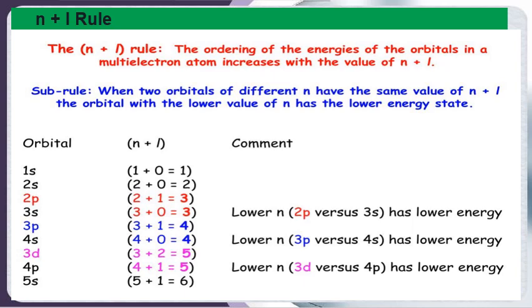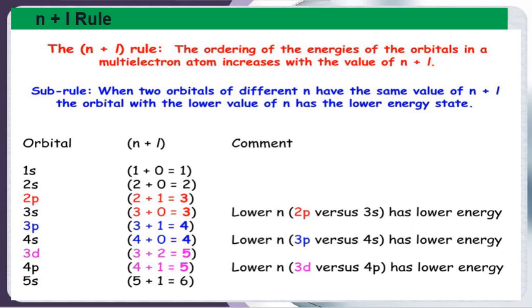This sub rule is indicating that you have to check the shell number; the orbital which holds the lower shell number will be filled first. So when you compare 2p and 3s, although their n plus l number is the same, 2p will be filled first as it has the lower principal quantum number, that is 2.